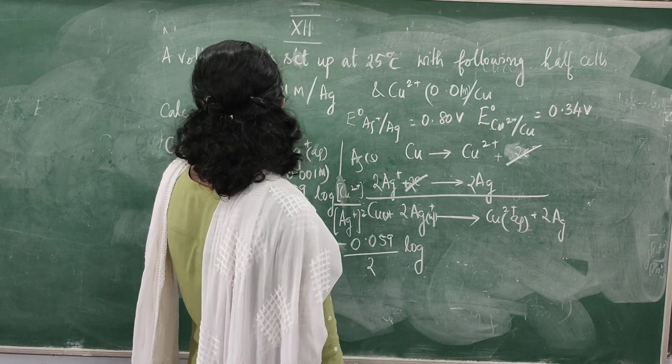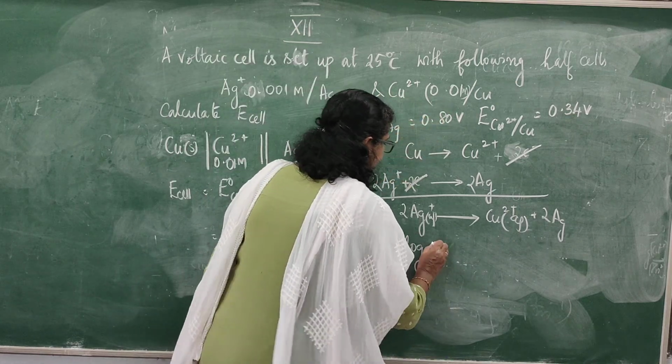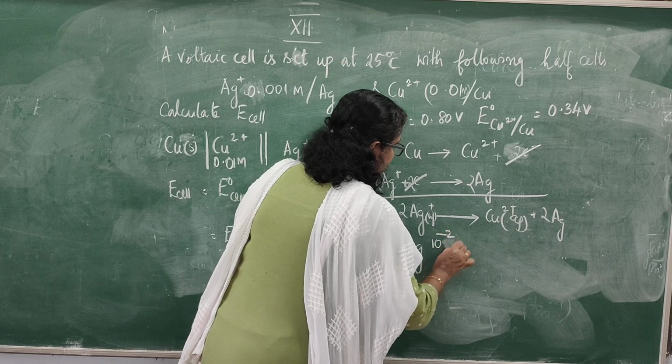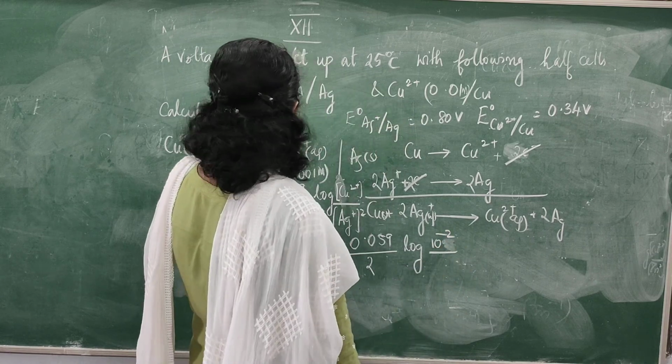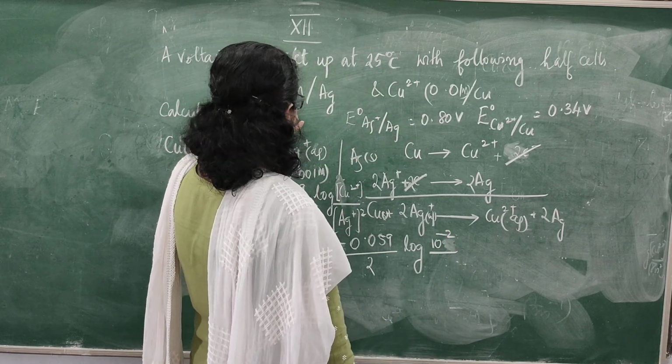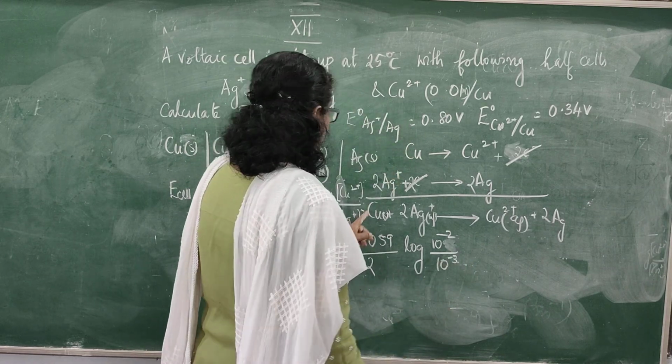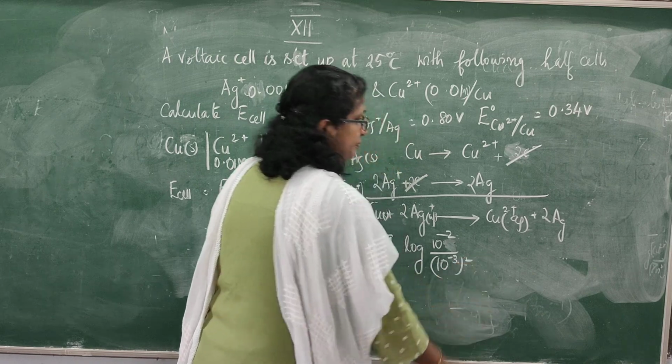What's the molar concentration of Cu2+? 0.01, that is 10 raised to minus 2, divided by what is the Ag+ concentration? 0.001, that is 10 raised to minus 3, raised to 2, so that is squared.